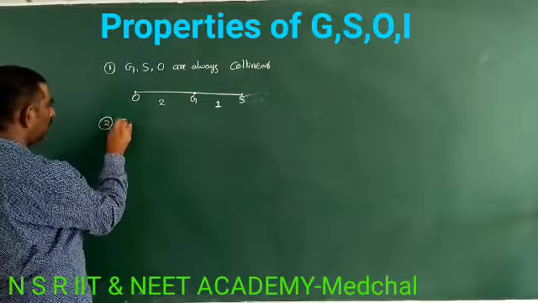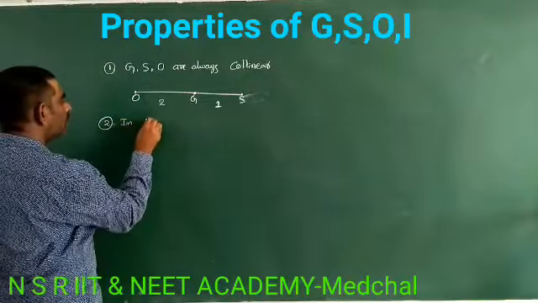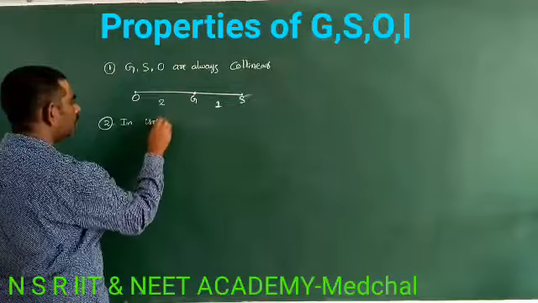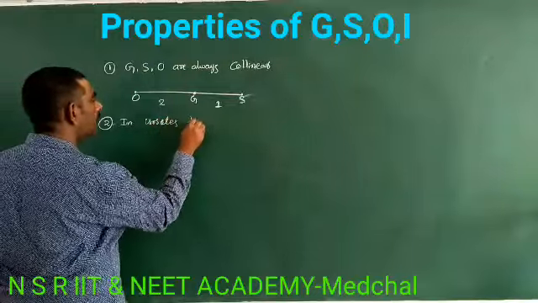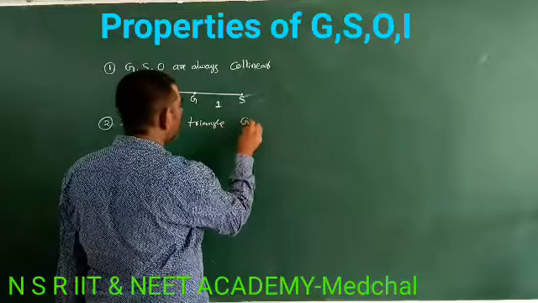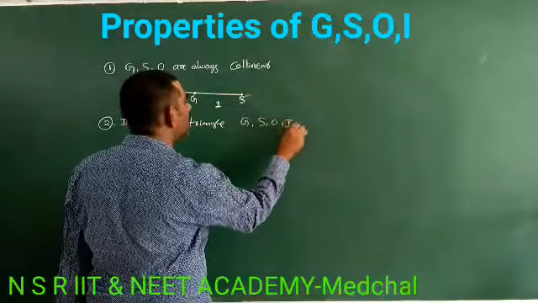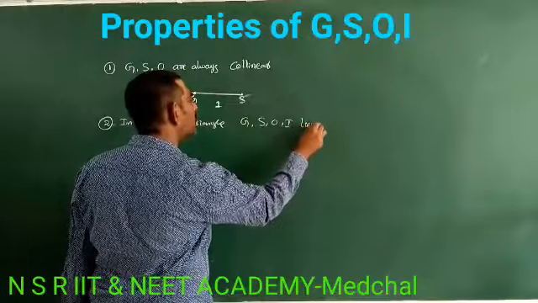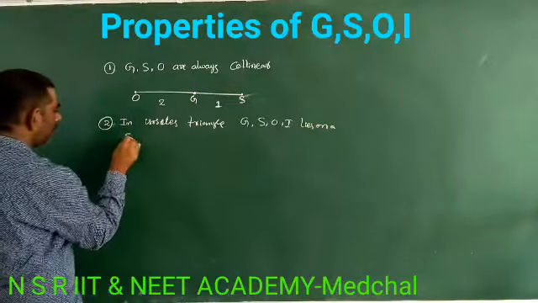Next, in an isosceles triangle, the centroid, circumcenter, orthocenter and incenter lie on the same line.